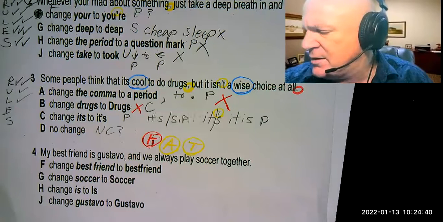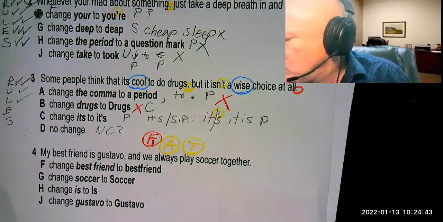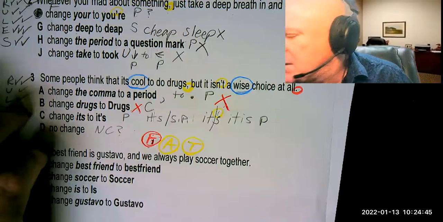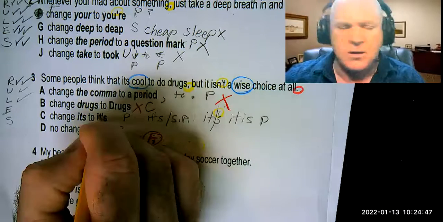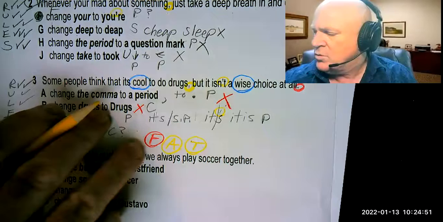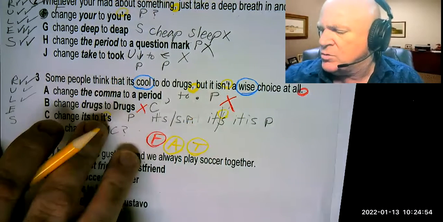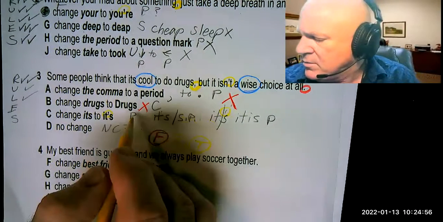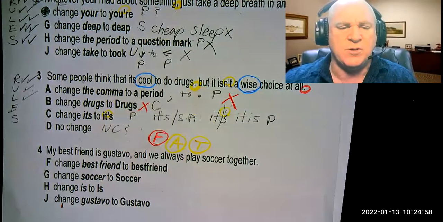Since that does make sense to place a contraction apostrophe there, I would highly suggest that you do it. So we would put a question mark right there with our pencil. That is a punctuation mistake.